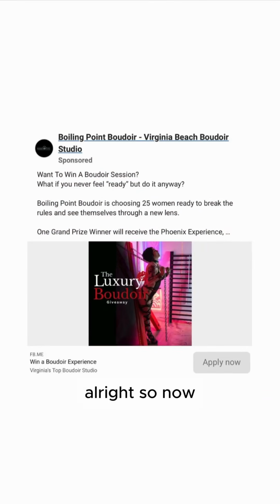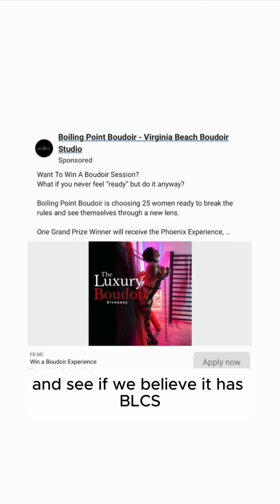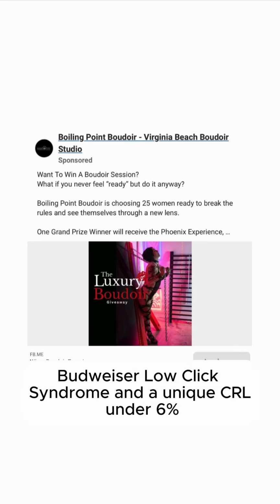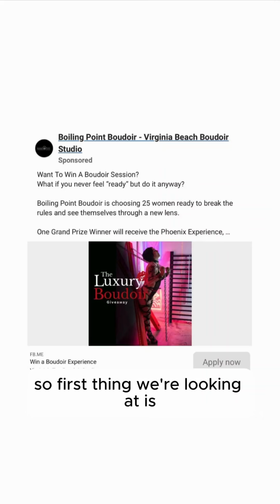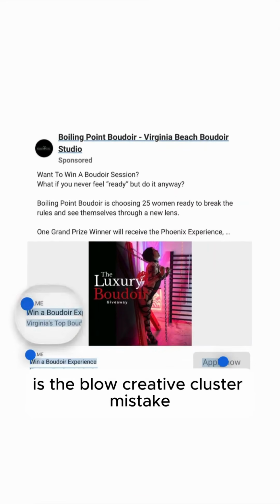All right, so now we're going to diagnose this Boudoir Facebook ad and see if we believe it has BLCS, Boudoir low click syndrome, and a unique CTR under 6%. So first thing I'm seeing is the below creative cluster mistake.